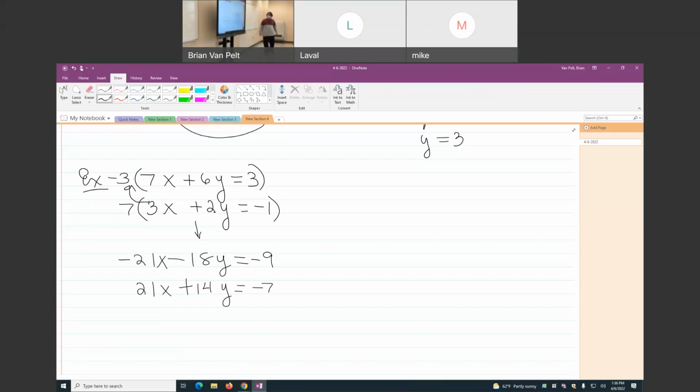So now the x's will eliminate, and we end up with negative 4y equals negative 16. If I divide by negative 4, I get my y.